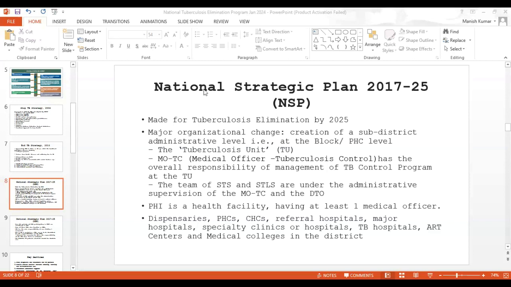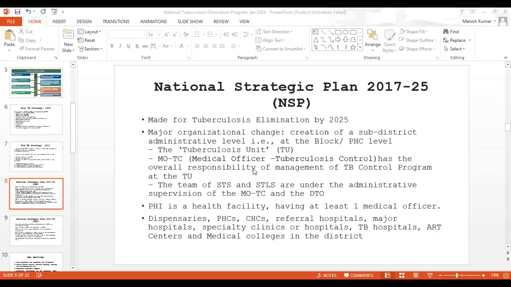So, in the national strategic plan, as I discussed, they have envisaged a tuberculosis unit, which is below district level, at certain places at block level and at certain places at PHC level. There should be a designated medical officer tuberculosis control at those places, and a team of STS and STLS should be under the administrative supervision of the medical officer tuberculosis, otherwise the DTU.